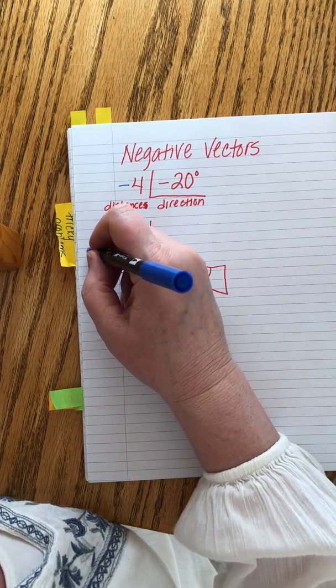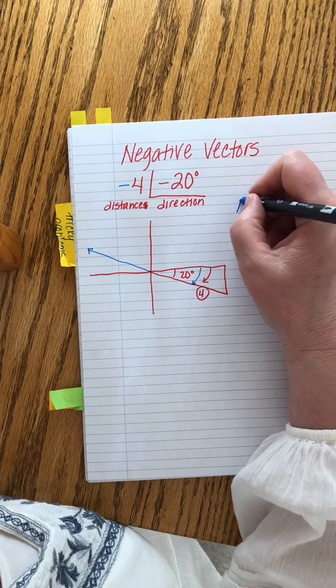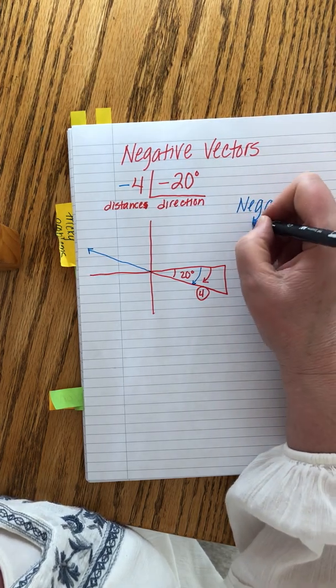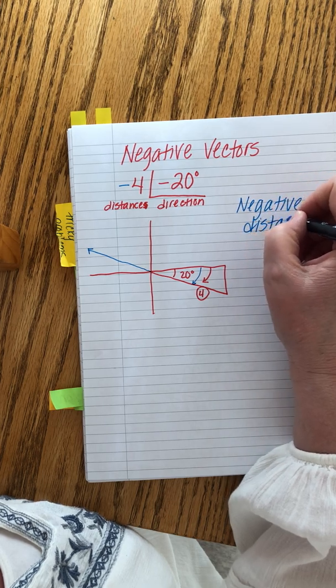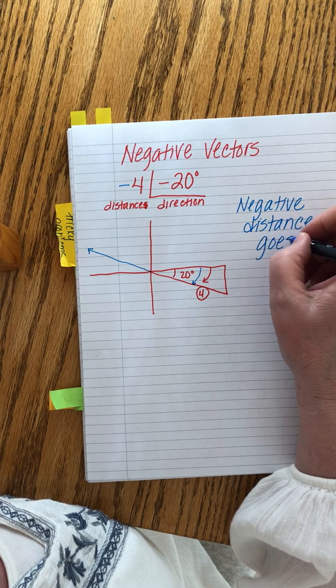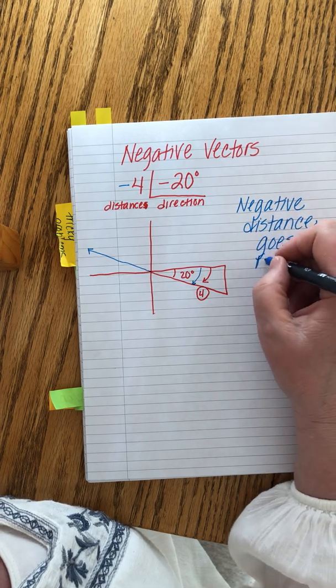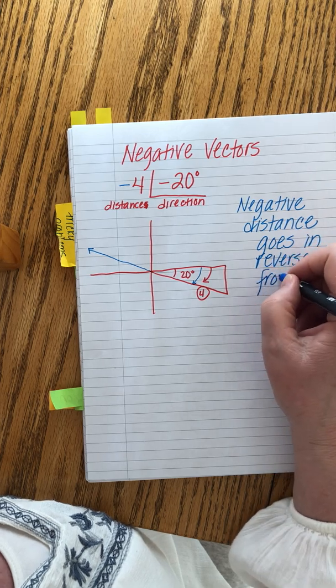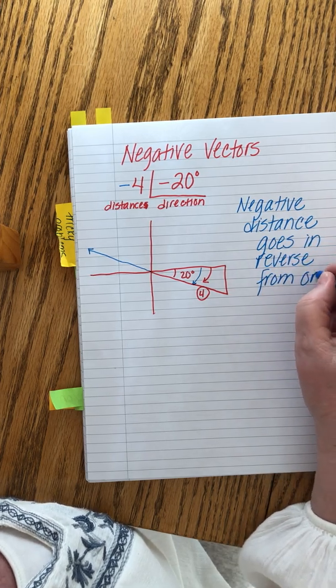We go backwards. So a negative distance, I always think of it as a car. It goes in reverse from the origin.